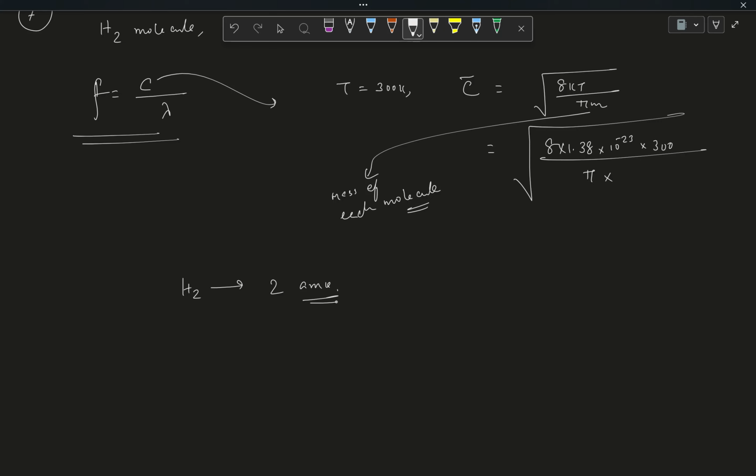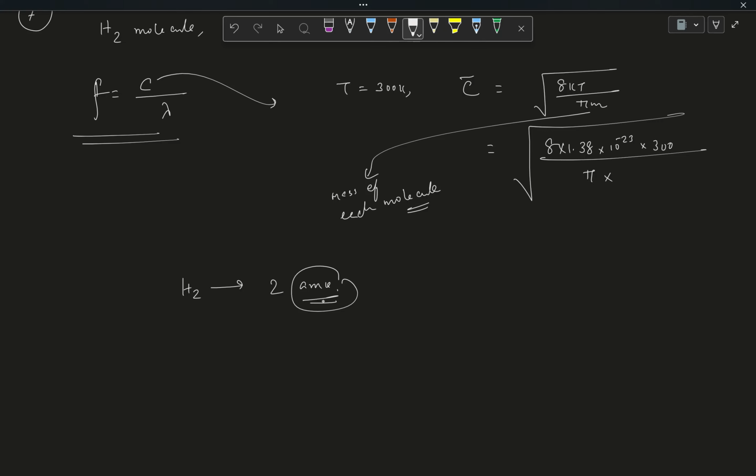AMU means atomic mass units, which is equivalent to 1 mole of this hydrogen gas consisting of 2 gram of mass. So basically, to get the mass of each molecule in gram unit from here, you just have to multiply by the factor 1.66 into 10 to the power minus 24, because that was what I showed in the last class, how you calculate the mass value for the molecule.